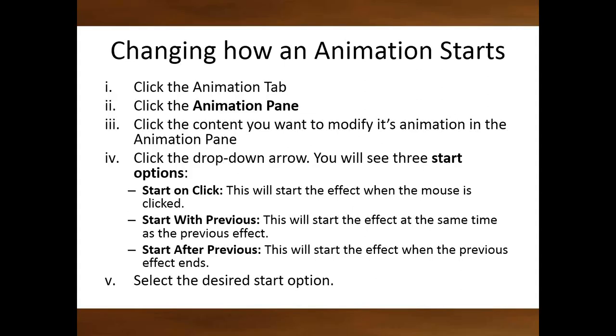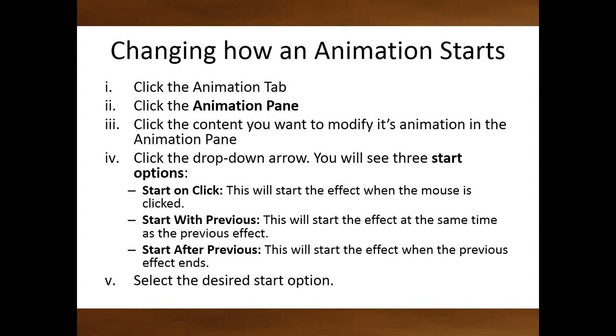Click the drop-down arrow, and once you do so, you will see 3 options on the menu that displays. These options are Start on Click, Start with Previous, and Start after Previous. With Start on Click, this will start the effect when the mouse is clicked.